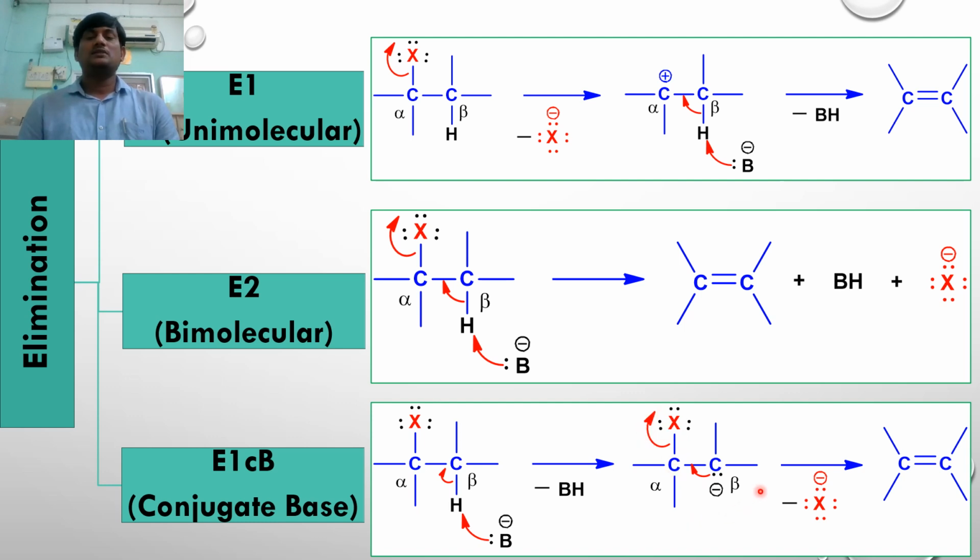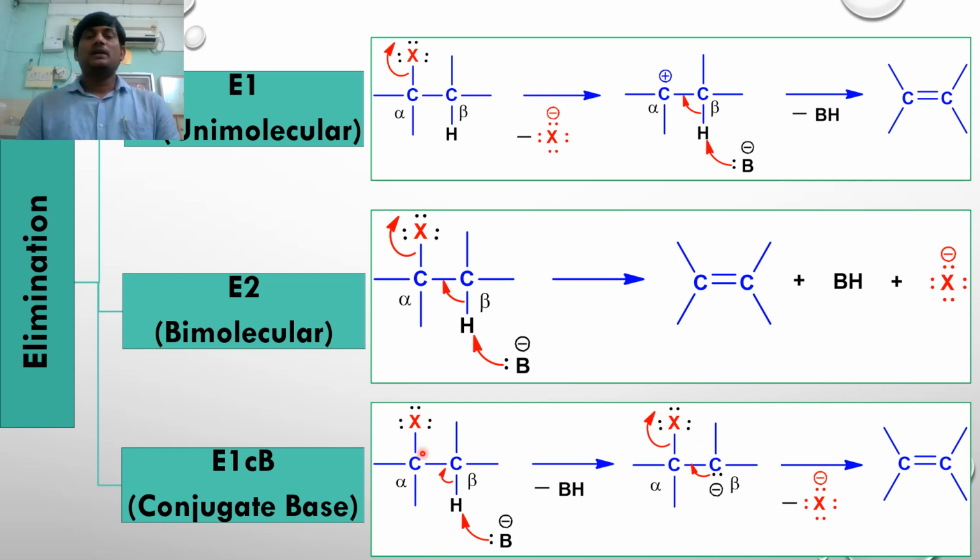The first step is a fast one. The second step is the slowest step. In the second step, only the conjugate base is involved. So the rate of the reaction depends only on the conjugate base concentration. That's why the molecularity of the reaction is 1.